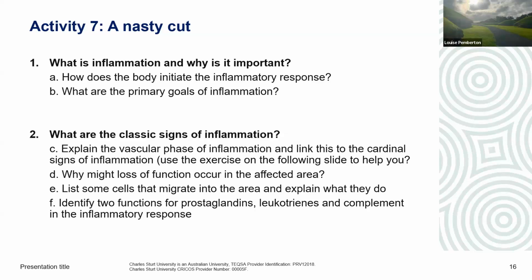And that releases an acid. You probably need to remember this, but I just think it's interesting. An acid called arachidonic acid, and if you do pharmacology with me next year, we'll talk a lot about arachidonic acid, okay? Arachidonic acid is then converted to prostaglandins, right?